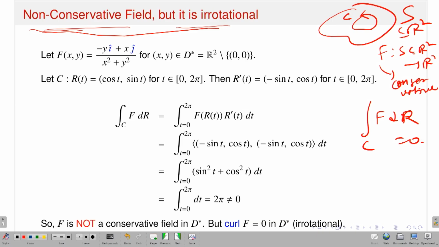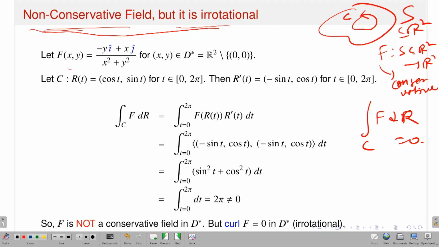That means for any simple closed smooth contour, with either orientation, the corresponding vector line integral of F should be 0. And not conservative means I can give an example of one simple closed smooth contour sitting inside S where the corresponding vector line integral is non-zero.